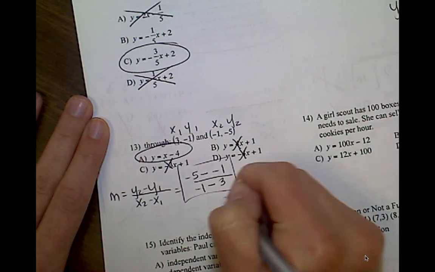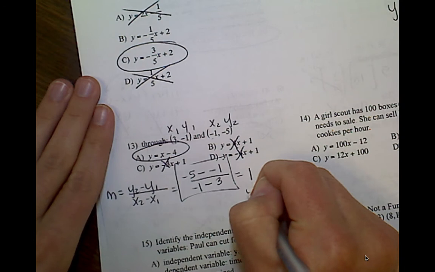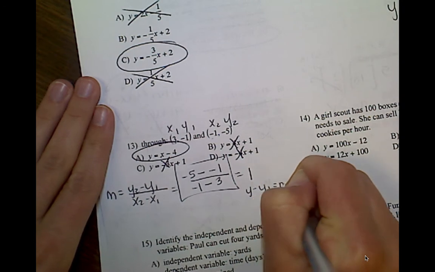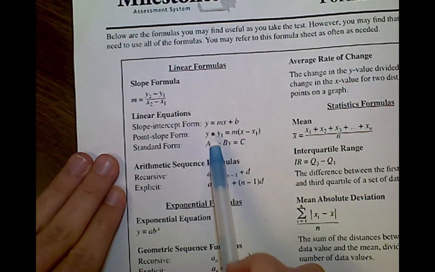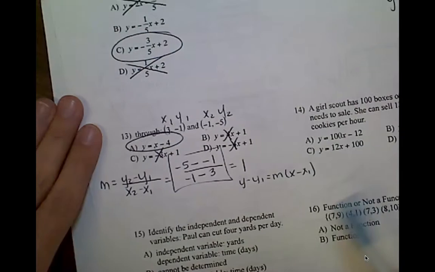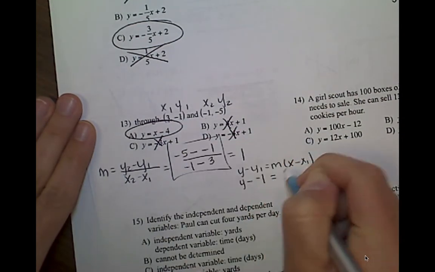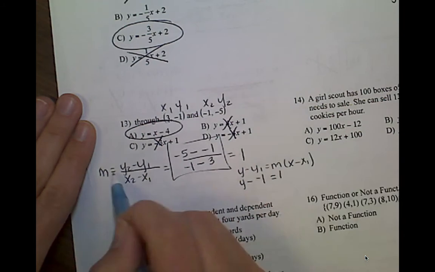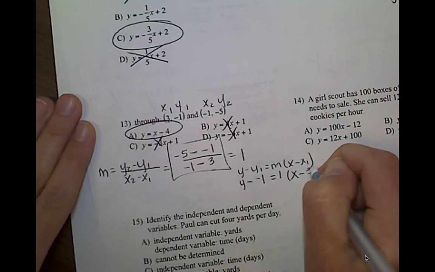Now, if you didn't know how to finish this, because you might not get that lucky where everything cancels out tomorrow, you would use y minus y sub 1 equals m times x minus x sub 1. It can be found on your formula sheet, the third formula down right here, point slope. So when I plug it in, I'm going to do y minus my y sub 1 of negative 1 equals my slope of a positive 1, see, m equals 1, times x minus my x sub 1, which is 3.